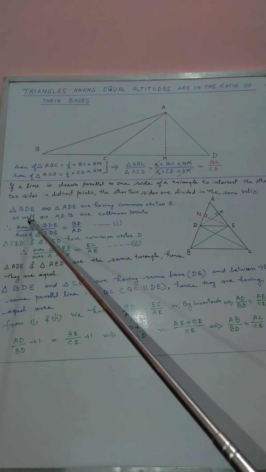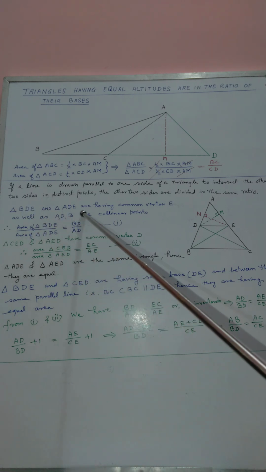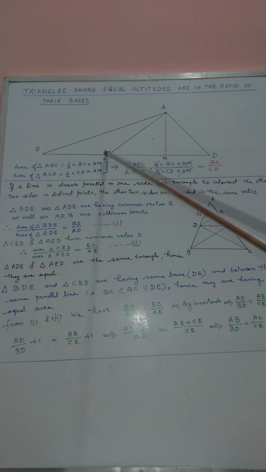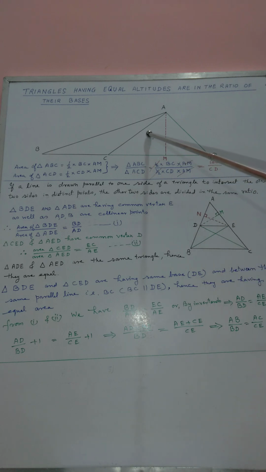The triangle BDE and triangle ADE have the common vertex E. You see, BDE and ADE both have common vertex E. So from E we have dropped the perpendicular. Here the same situation is there. If you compare ADE and BDE, as we have already proved, the same situation is here.